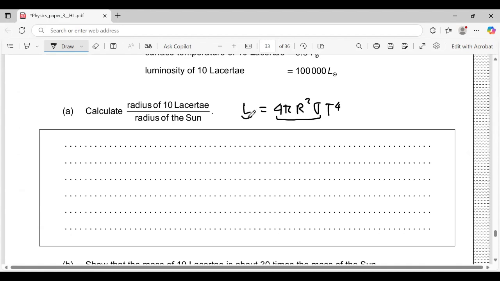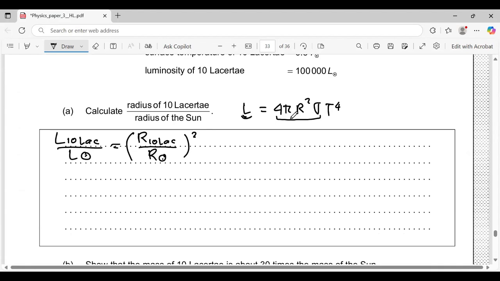I will write it as the ratio of luminosity of Tentacle T over luminosity of the sun equals the radius of Tentacle T over R of the sun, squared, because this is squared.